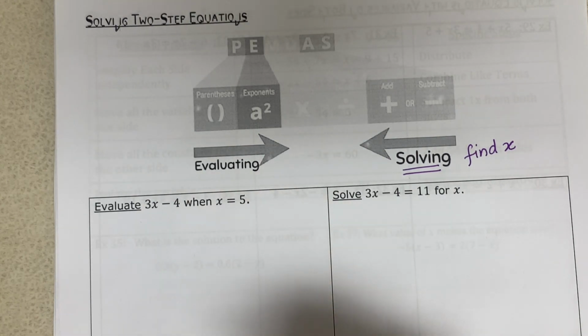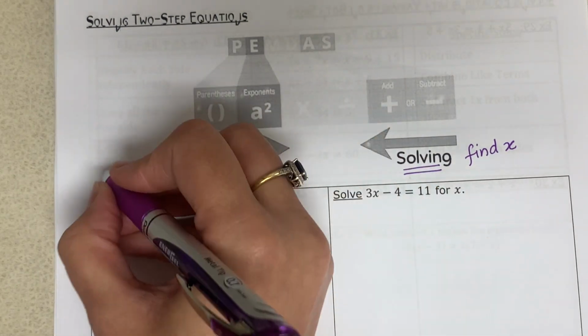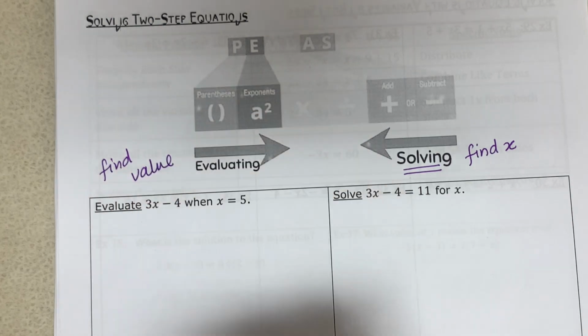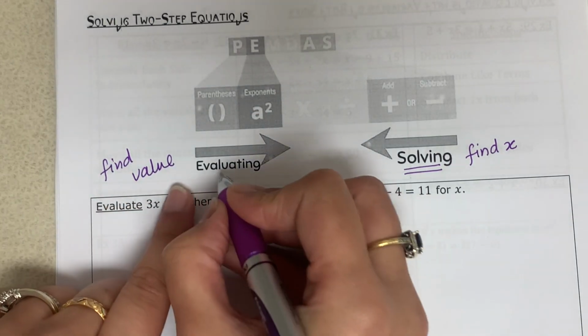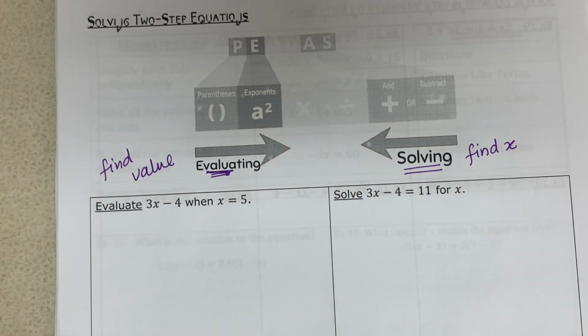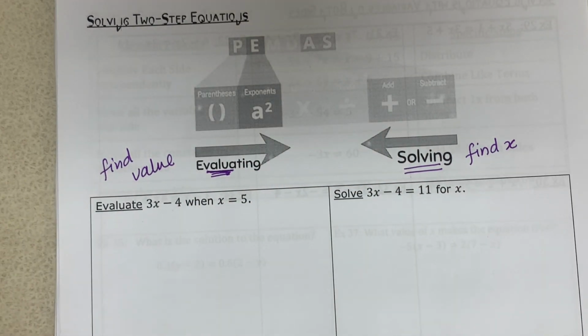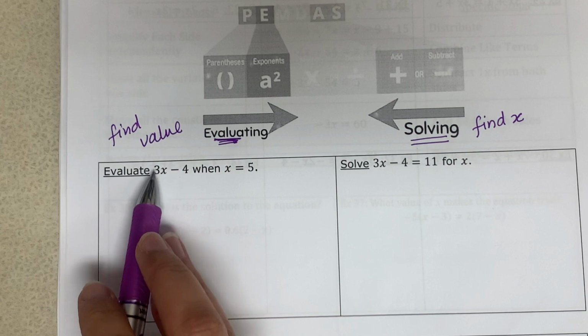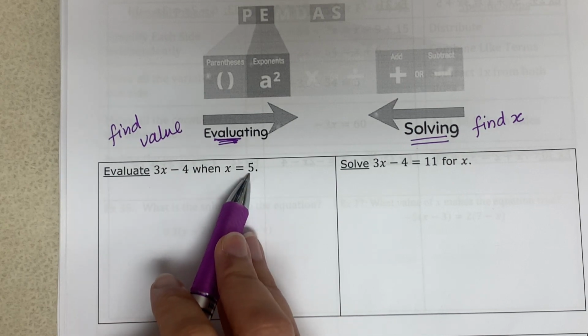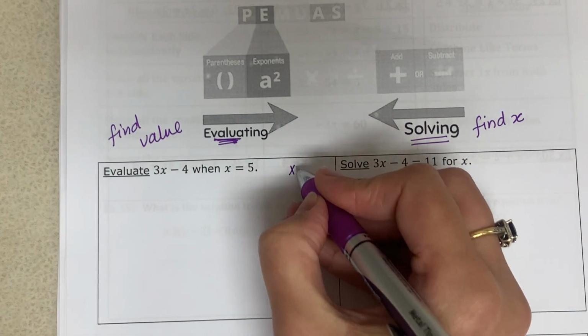So I definitely know what x is. Evaluating means find the value. When you're evaluating, it says 3x minus 4 when x equals 5. So this one already told you that x equals 5.